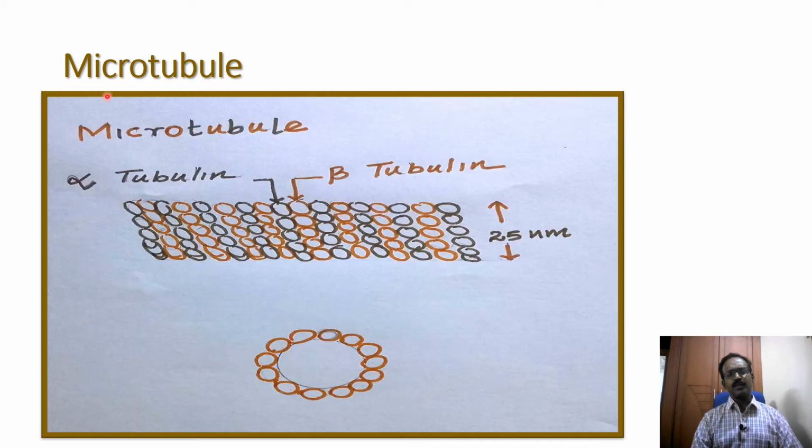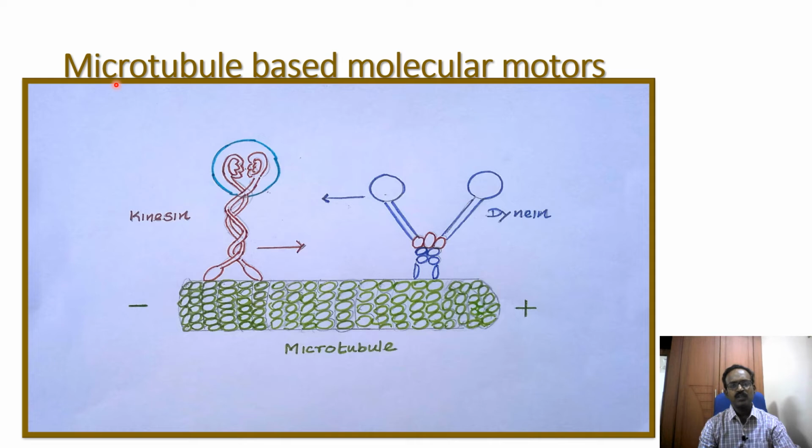This diagram depicts the microtubule. Microtubule is a long tube-like structure made up of alpha tubulin and beta tubulin. They form stacked ring-like structures. Each ring contains 13 subunits of alpha tubulin or beta tubulin. This diagram shows the microtubule-based molecular motors.